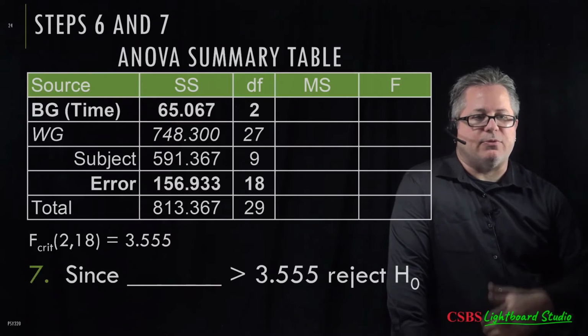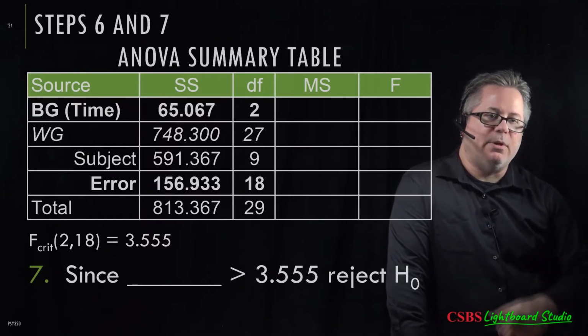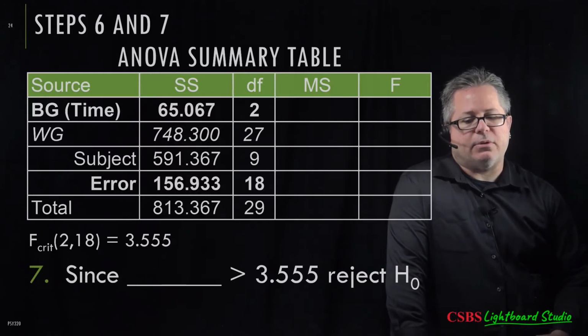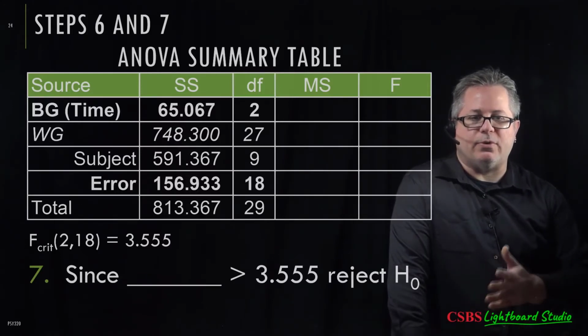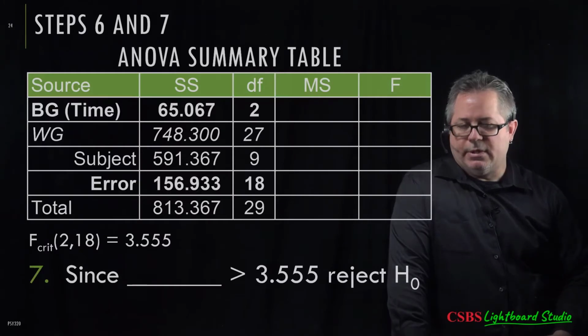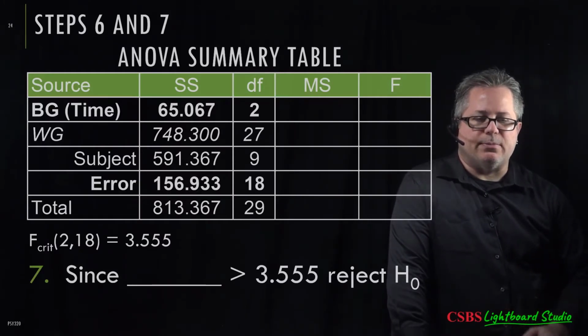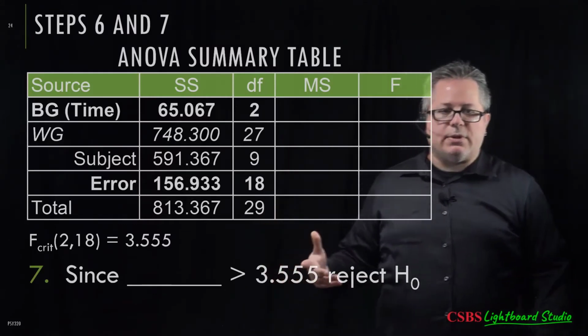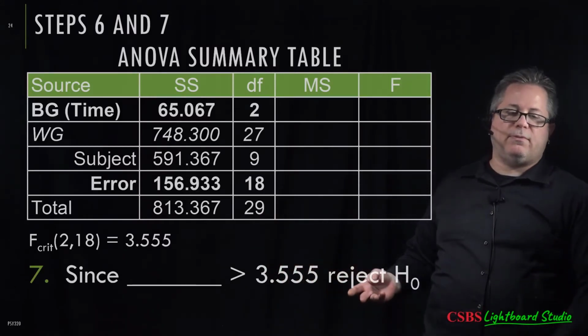So whichever way you find the sum of squares, once you get to this point, you can then create an ANOVA summary table. You found your sum of squares, we know our degrees of freedom, we can start plugging them in. Now this looks a little different than our one way between groups ANOVA summary table, because there are more things to keep track of. Notice the things in bold, those are important for our purposes.